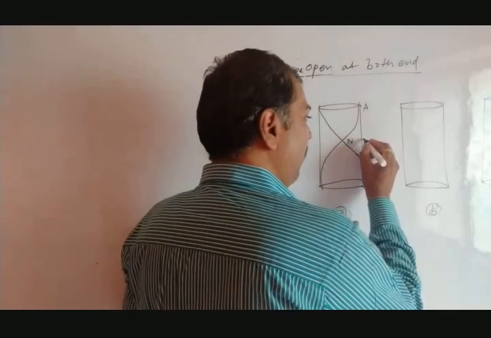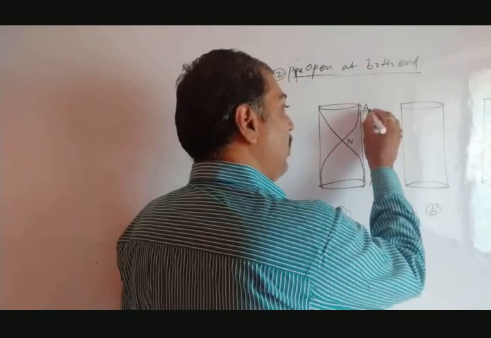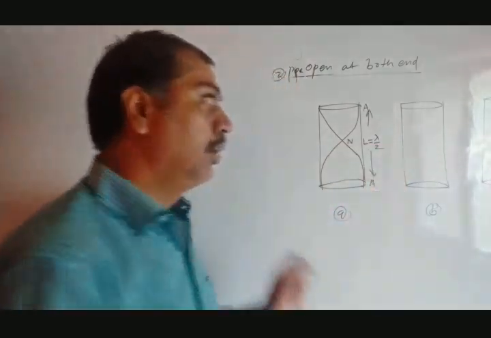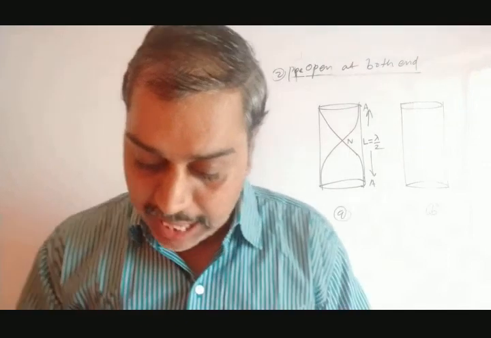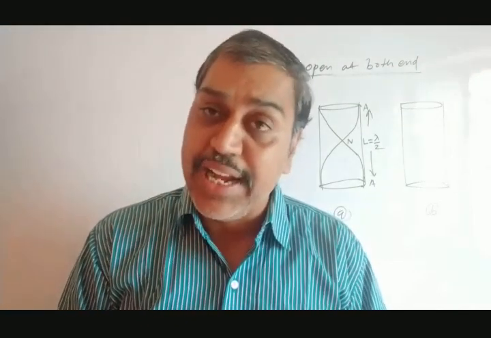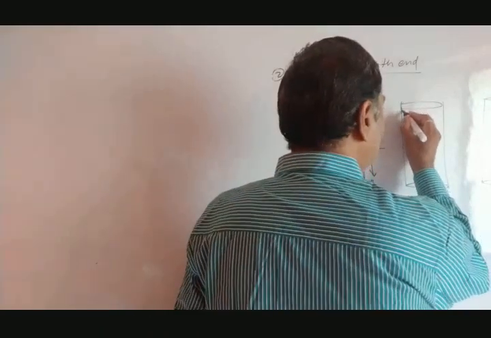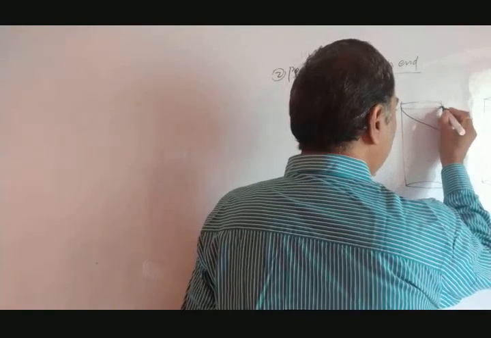So L equal to lambda by 4 plus lambda by 4, which is lambda by 2. It has two antinodes and one node. Let's go to the next: 3 antinodes, 2 nodes, figure B. Let us draw it like this.